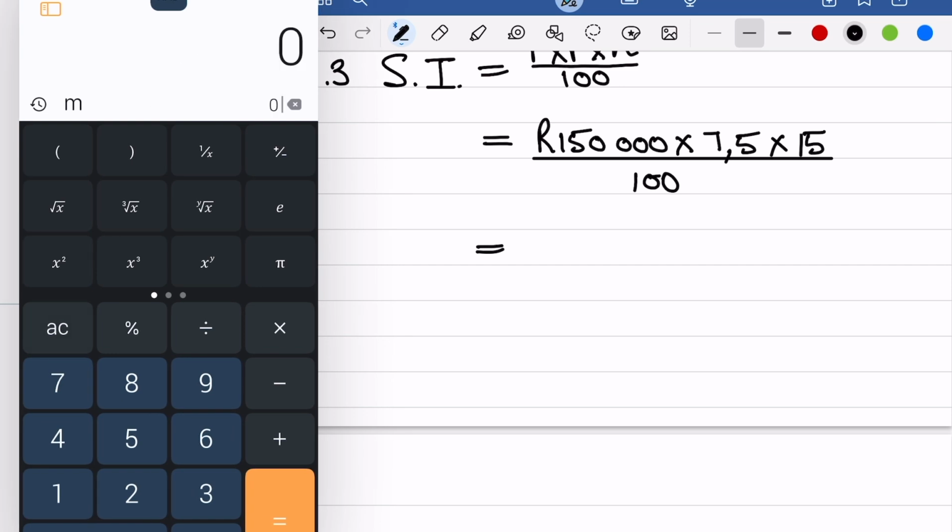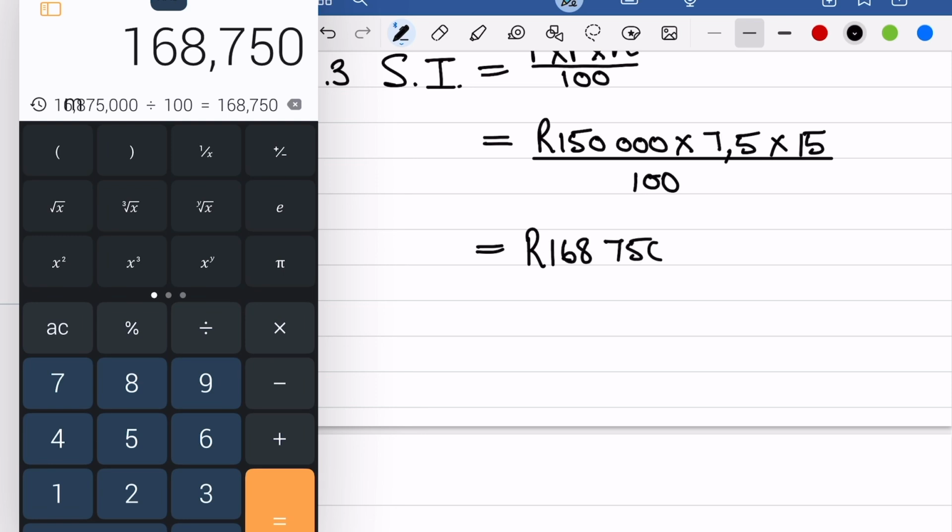And I simply take my calculator and I have 150,000 times 7.5 times 15 equals that divided by 100, and I have an answer of 168,750 Rand.